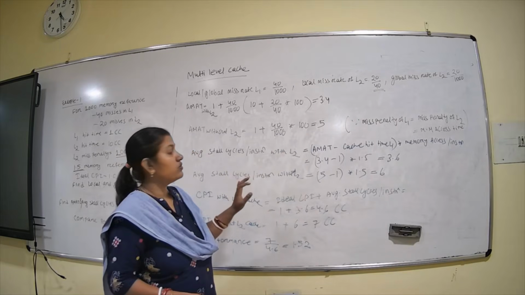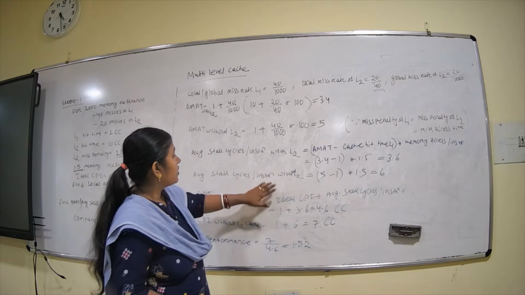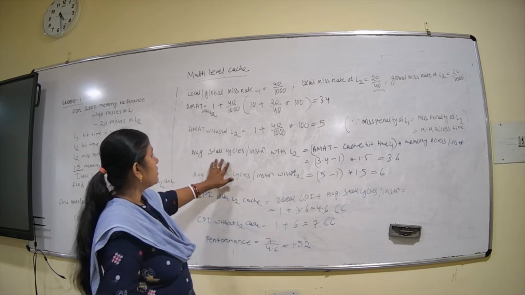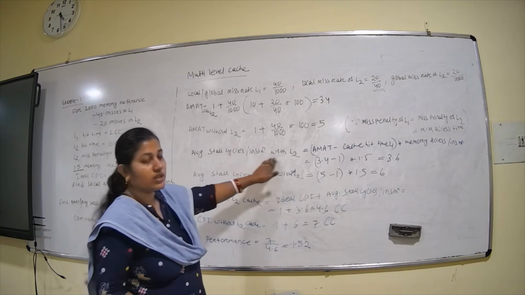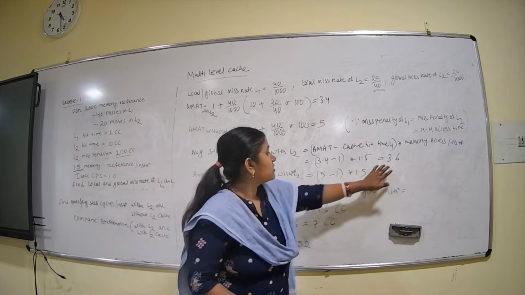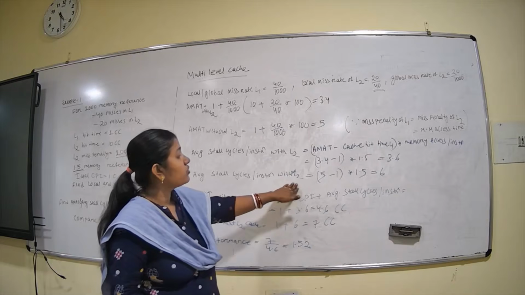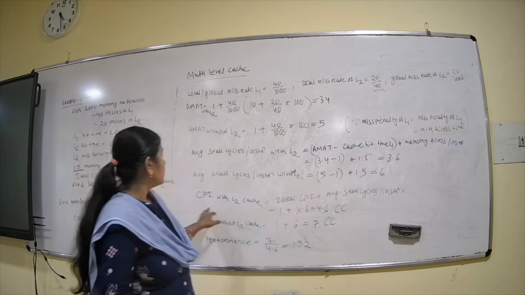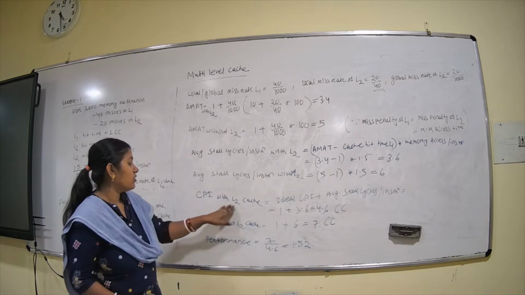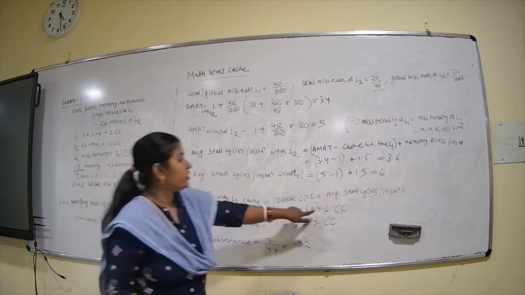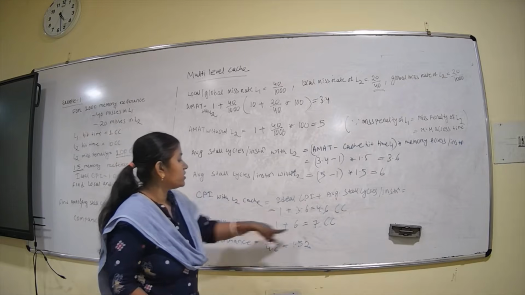You just put the values everywhere and you will get the average memory access time without L2. Then the average stall cycles for instruction with L2 is 3.6, and without L2 is 6. Then the CPI calculation: with L2 is 4.6 clock cycles and without L2 is 7 clock cycles.